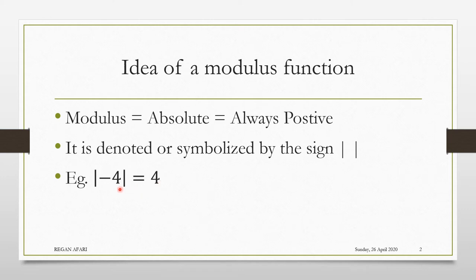Even if you put a negative inside these two signs, the answer that comes out is always positive. When you put a positive inside, the answer is also positive. So when you put this absolute sign around a number, the answer is always positive. That is what modulus is.